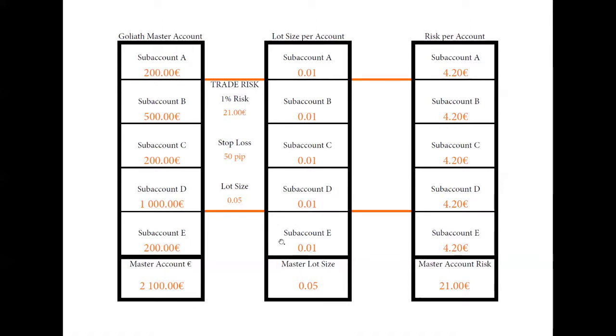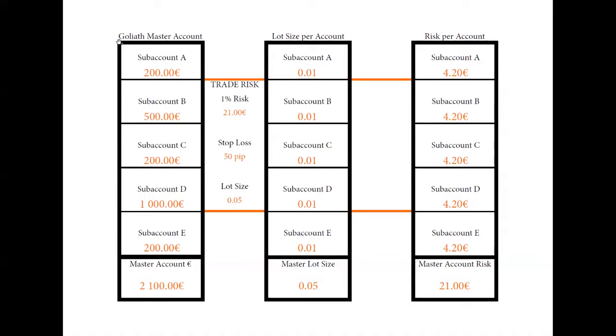This happens because the 0.01 lot is not subdividable, and in this case, it doesn't make sense risking, let's say, 10 pips just because of these accounts. It's not realistic to trade with 10 pips all the time.